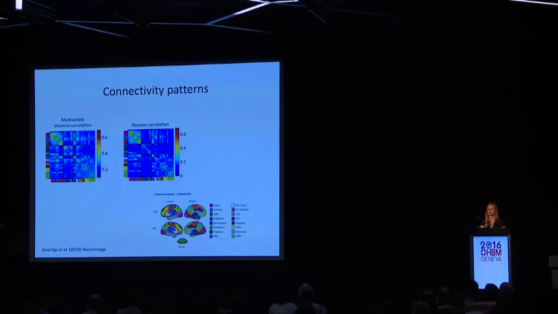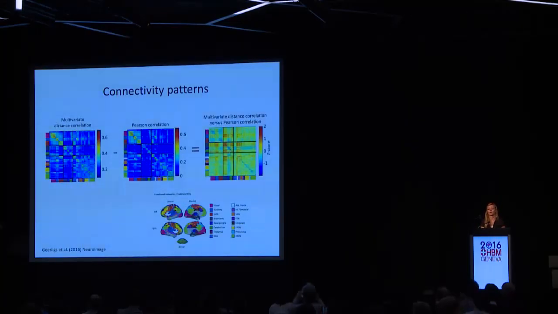Now we can also look at the difference between these two, and we find that it's mainly the subcortical regions showing big differences between these two measures. I've divided this connectivity plot into three sections with the black lines. The top section are sensory motor regions, the middle section are subcortical regions, and the bottom section are regions involved in higher order networks.